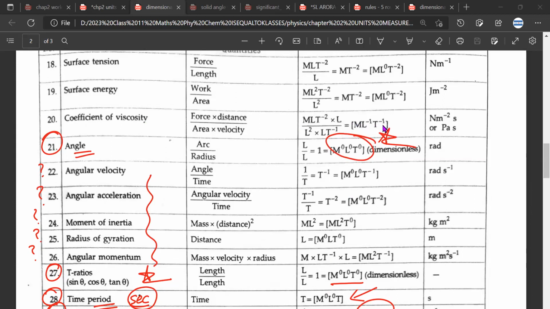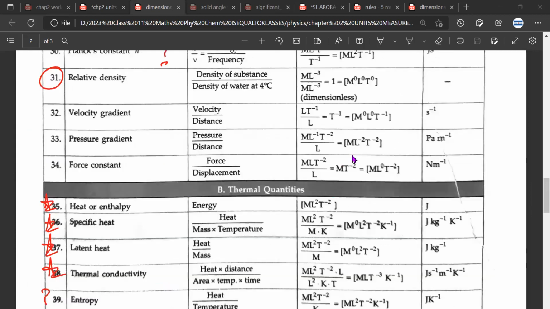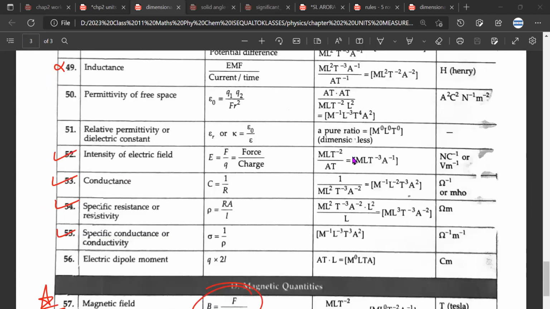So when I'm doing any practice question and I'm not aware of the MLT of a certain physical quantity, then I can refer to this. For example, let us take some weird example. I'm not aware of the permittivity of free space, or relative permittivity or dielectric constant. Then I can look at the annexure, and hope that if my teacher gives this question in the exam, he will provide me this MLT.